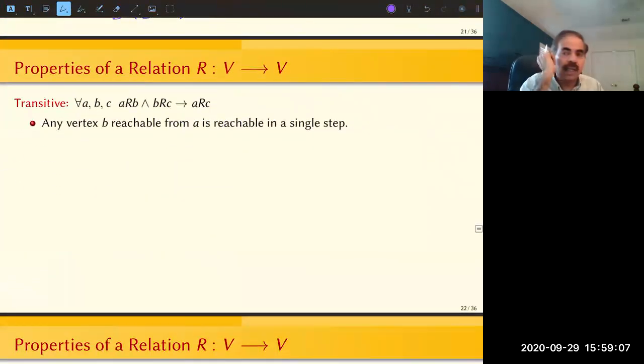So now let's talk about transitive relation. A transitive relation says that if you can go from A to B and then B to C, then you can go directly from A to C, right?